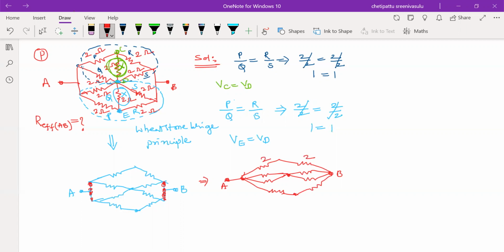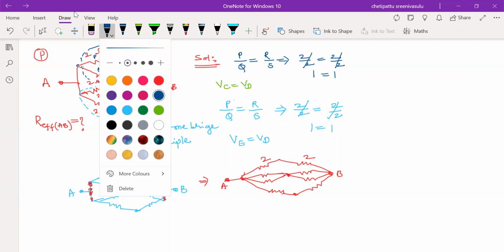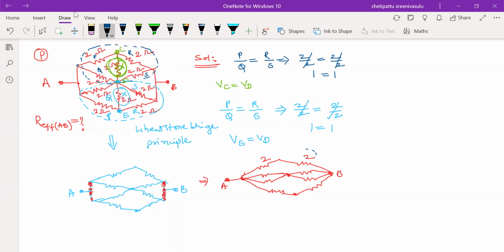Now observe how it looks. These two look like a series combination. That's why I can write R dash equals 2 plus 2, which equals 4 ohm. In the same manner, this is 2 ohm, this is 2 ohm, so these two also look like a series combination.